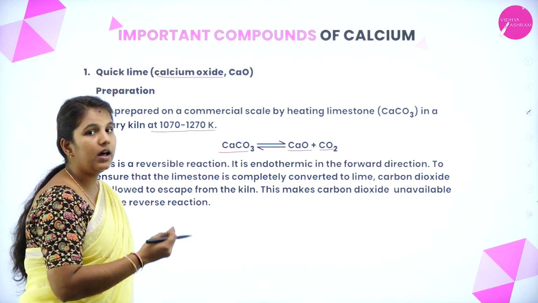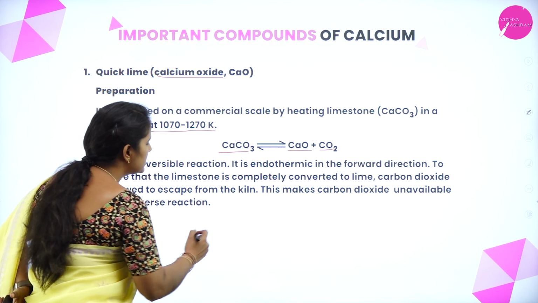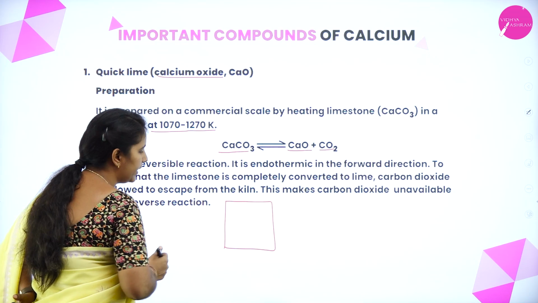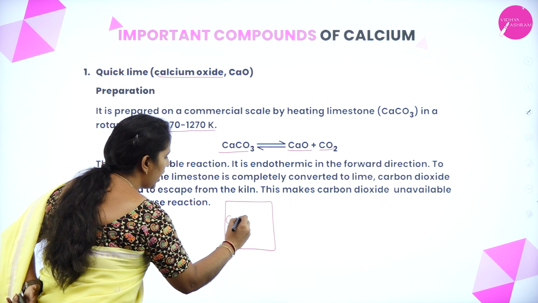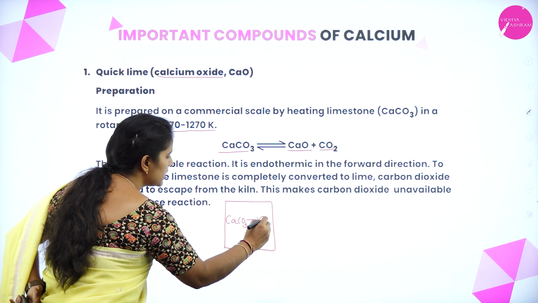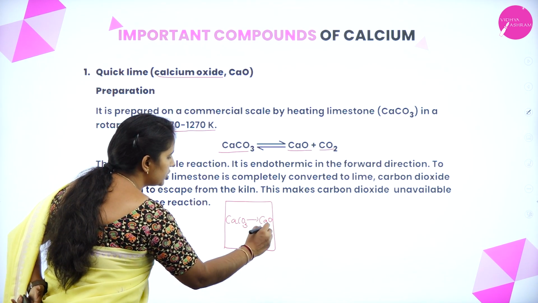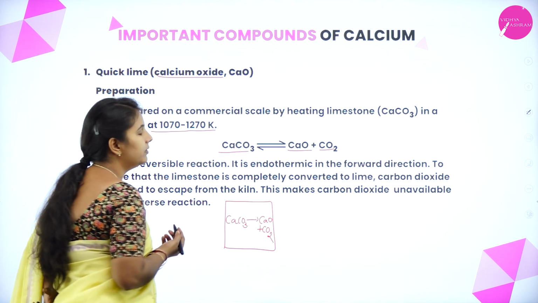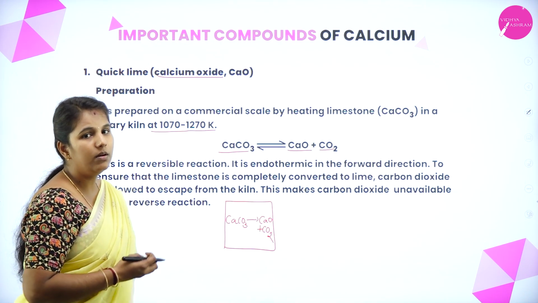Remember, this is a reversible reaction. Suppose you do this entire reaction in a closed container, calcium carbonate undergoes heating and forms calcium oxide with the formation of carbon dioxide, again this carbon dioxide can react with the calcium carbonate.